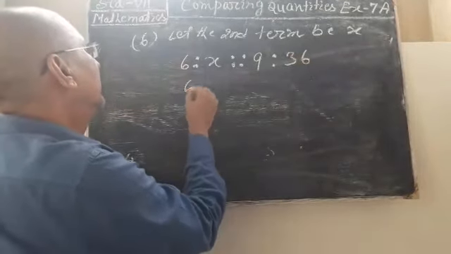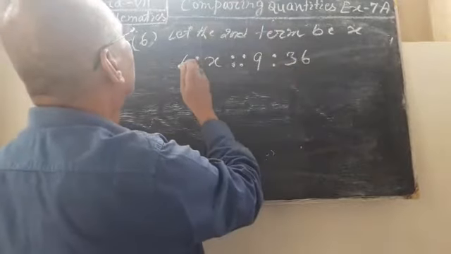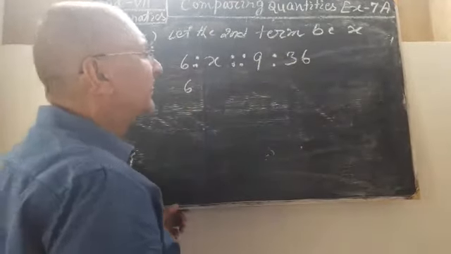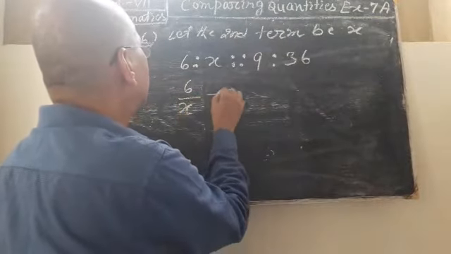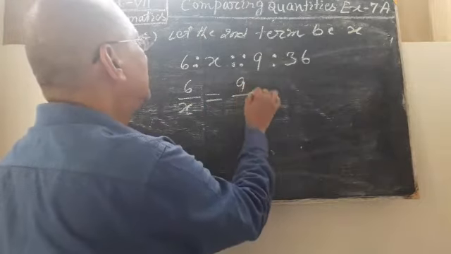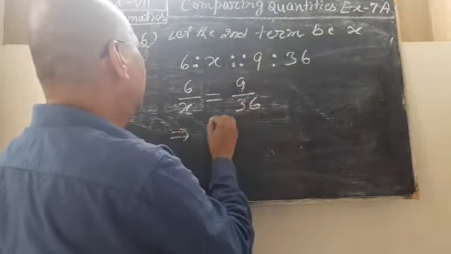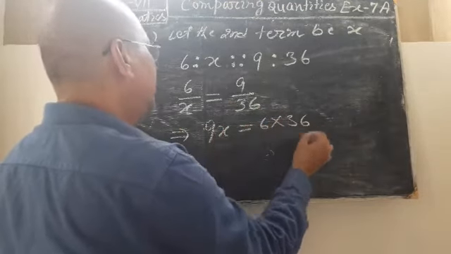We have learned that in the case of proportion, the product of the extremes and the product of the means are equal, or you may write it in the form of 6 by x is equal to 9 by 36. This implies 9x is equal to 6 into 36.